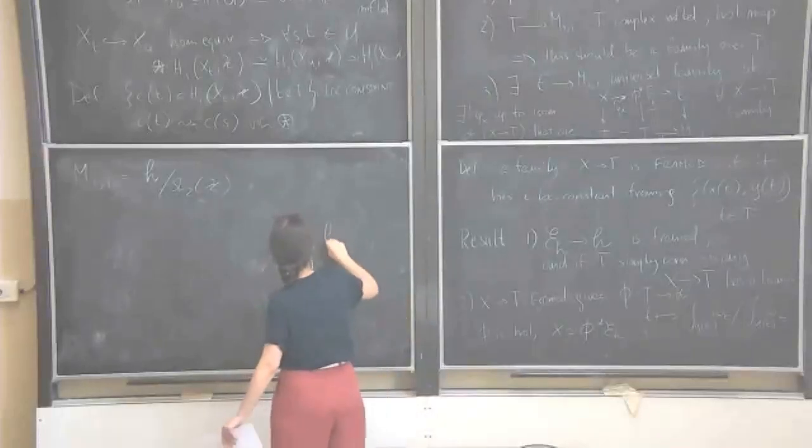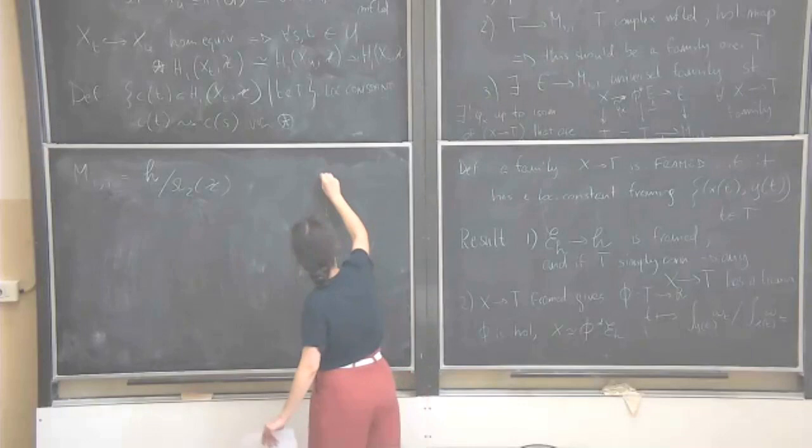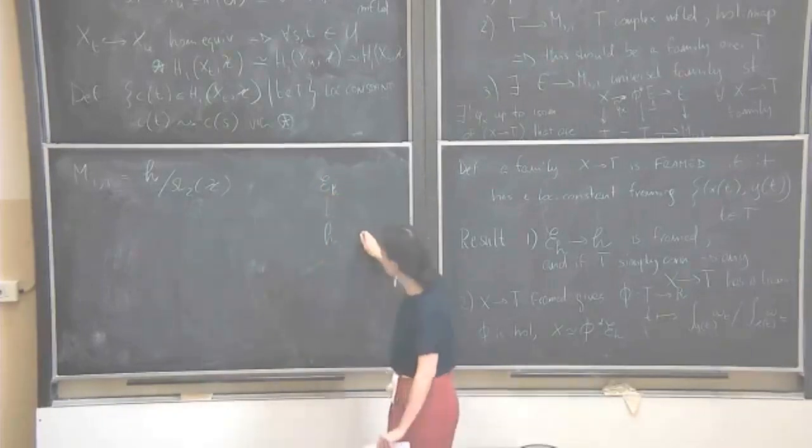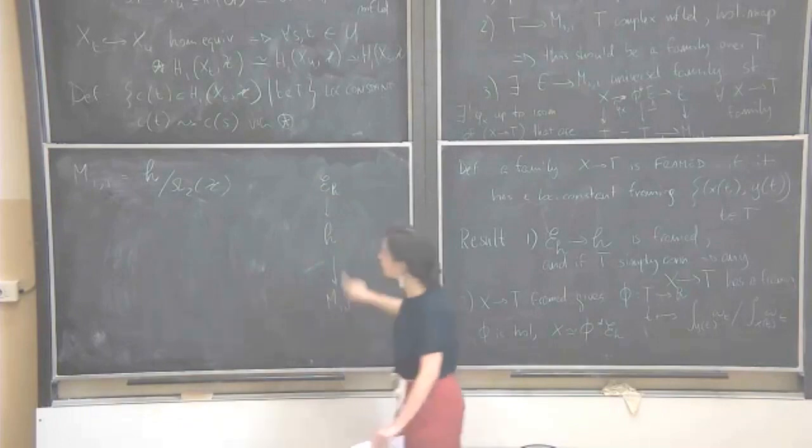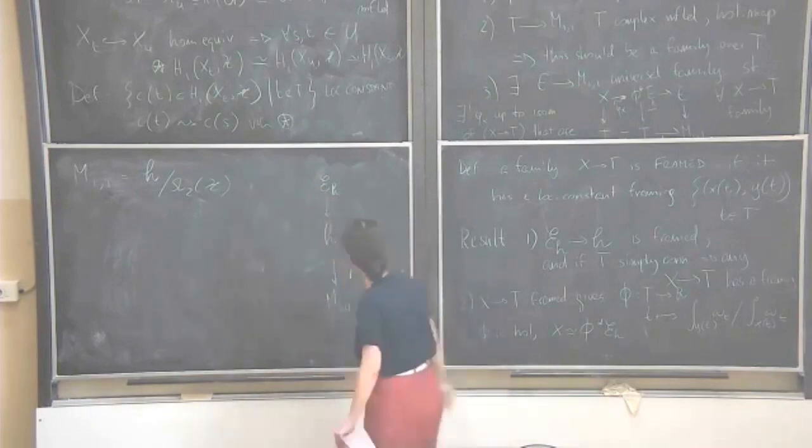So here let's take H, and our universal family, and here we have the quotient, and the complement.